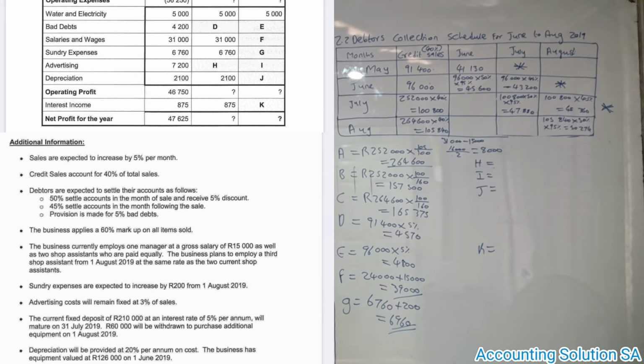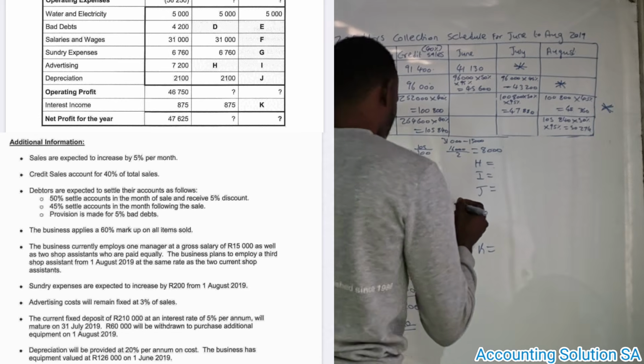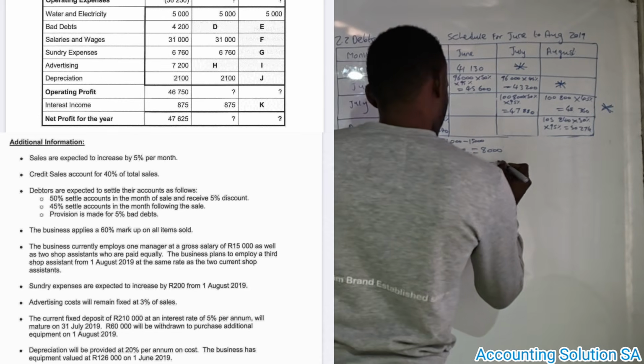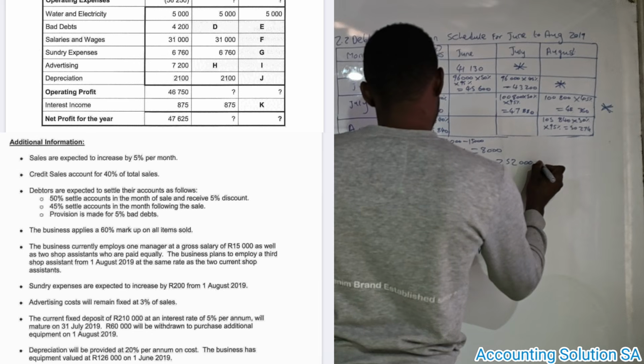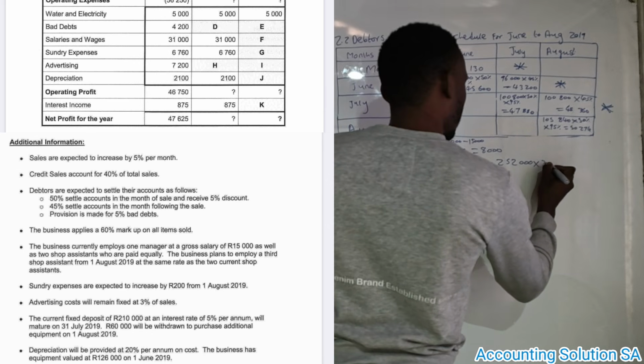So we just have to multiply by 3% of sales to get this one. Then for July, it's going to be 252,000. Guys, projection is very simple, 3%.